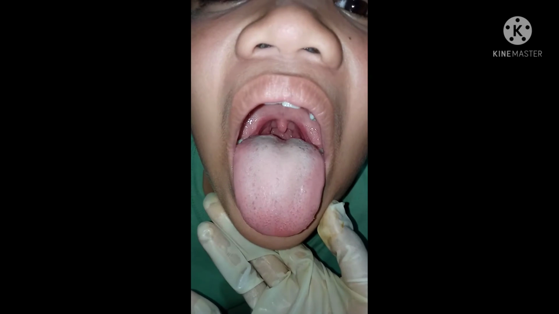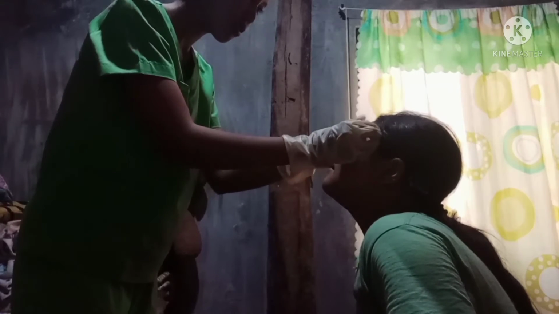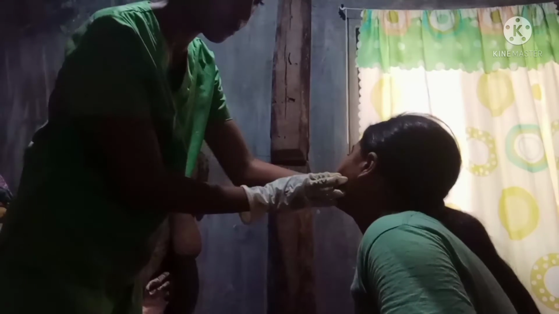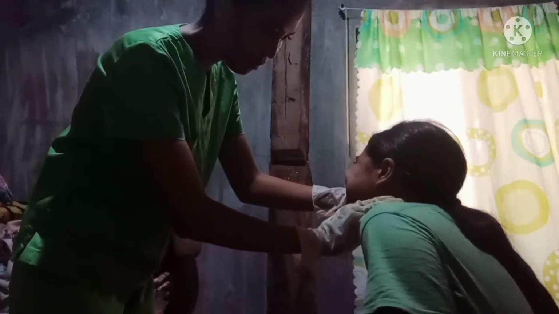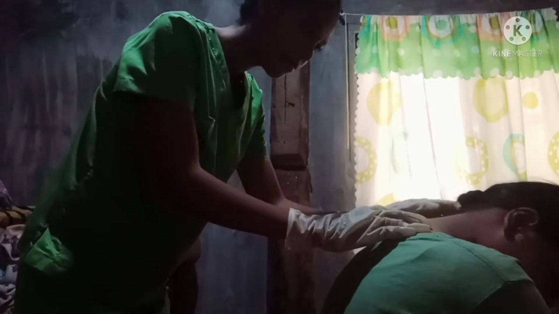Remove gloves. Palpate the forehead to the posterior triangle of the neck for posterior cervical lymph nodes using finger pads in a slow circular motion.